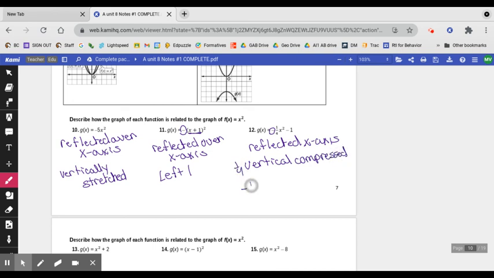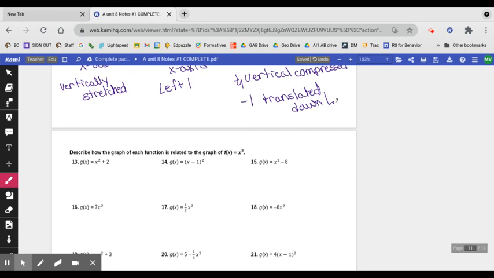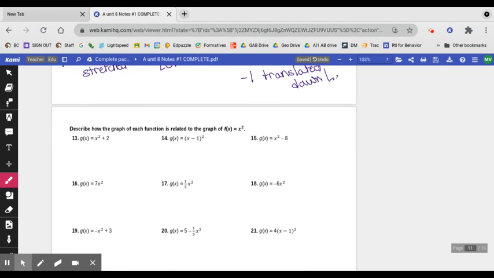And then the minus 1 is translated down 1. So I want you to pause, and I want you to try 13, 16, and 19, and come back and check.